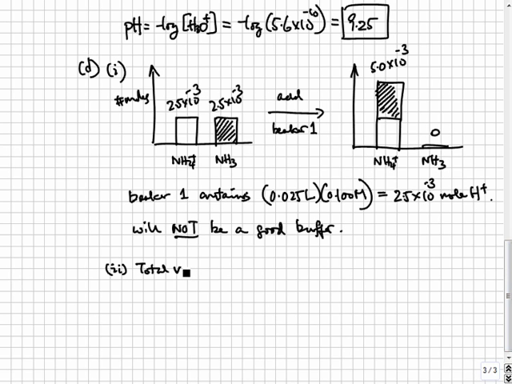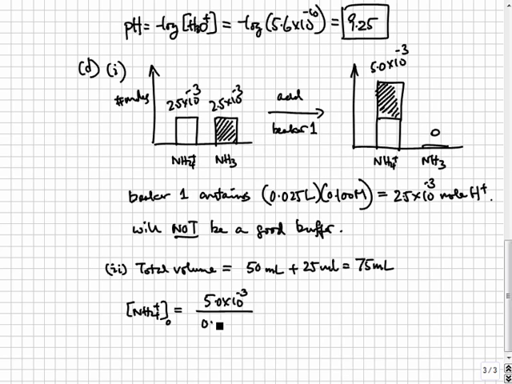So finally, to calculate the NH4+ concentration, we need to take the number of moles of NH4+, which is what we see in the chart, and divide this by the total volume of the new solution. The total volume is going to be the extra volume from beaker 1, which is 25.0 milliliters, plus the total volume from the solution in part C, which we have already found is 50.0 milliliters.